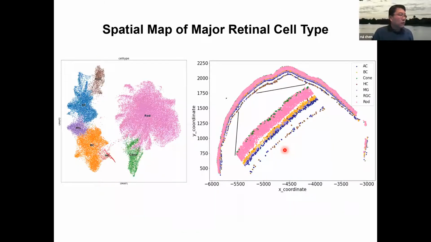After checking the data, and feeling pretty confident, we can start assigning them back to the section and see where they are. As I mentioned, this is the same retina I showed you, and this is zoomed in. You can see the outer nuclear layer here, and the pink are rod cells and the green are cone cells. As I mentioned, the cone is on the top of the outer nuclear layer here.